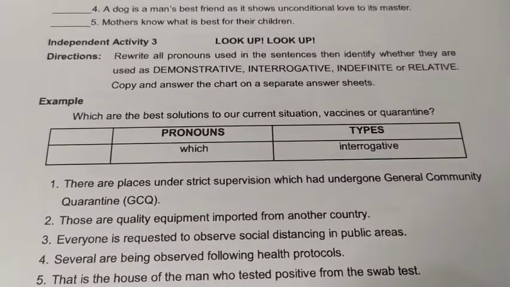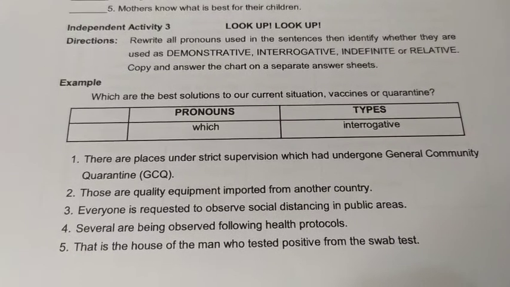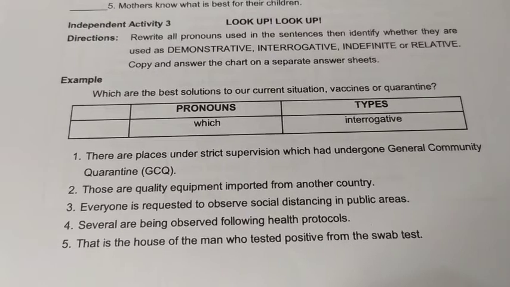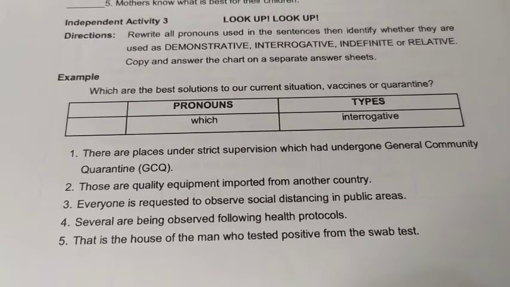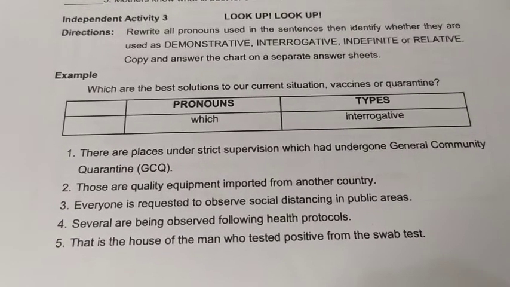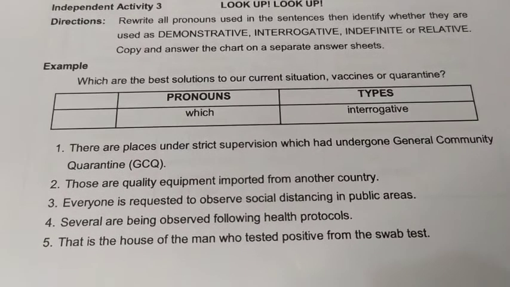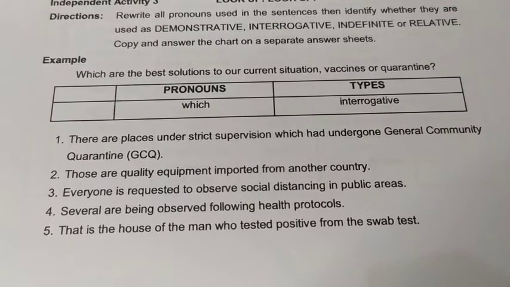Then look up demonstrative, interrogative, indefinite, relative. So you will identify all the pronouns used, if it is demonstrative, interrogative, indefinite, or relative. For example, numbers 1 to 5. In number 1, what pronoun is being used?